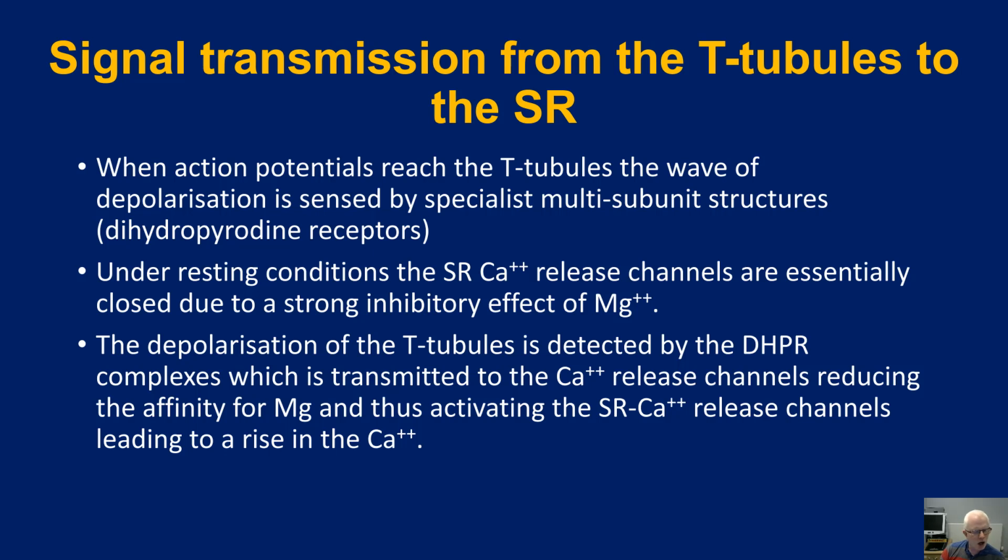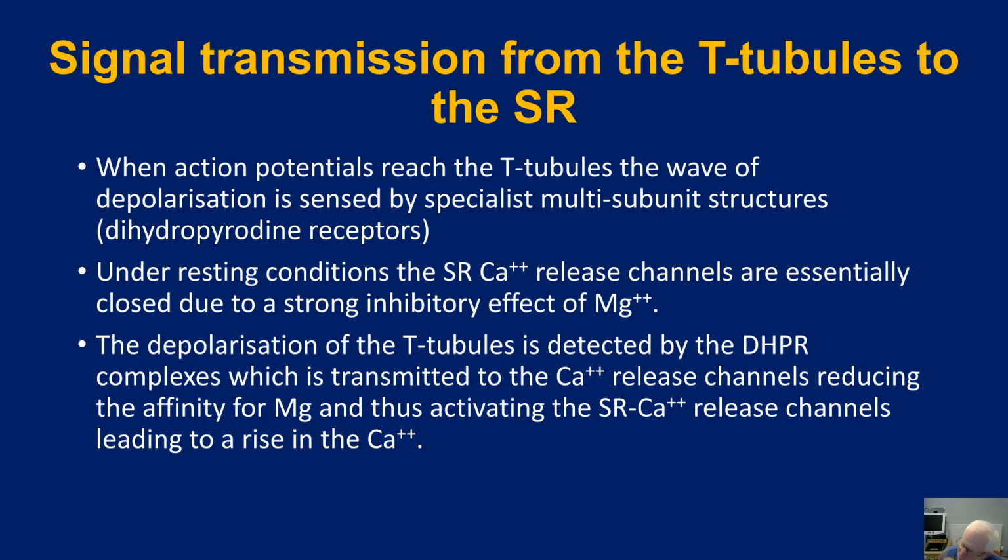Under resting conditions, the sarcoplasmic reticulum, which is the cellular structure, has calcium release channels that are essentially closed. Why? Because there's an inhibitory effect of a chemical, which is magnesium. Magnesium, under resting conditions, prevents the calcium being released from the sarcoplasmic reticulum. And that makes a lot of sense, right? Because under resting conditions, you don't want to generate force.